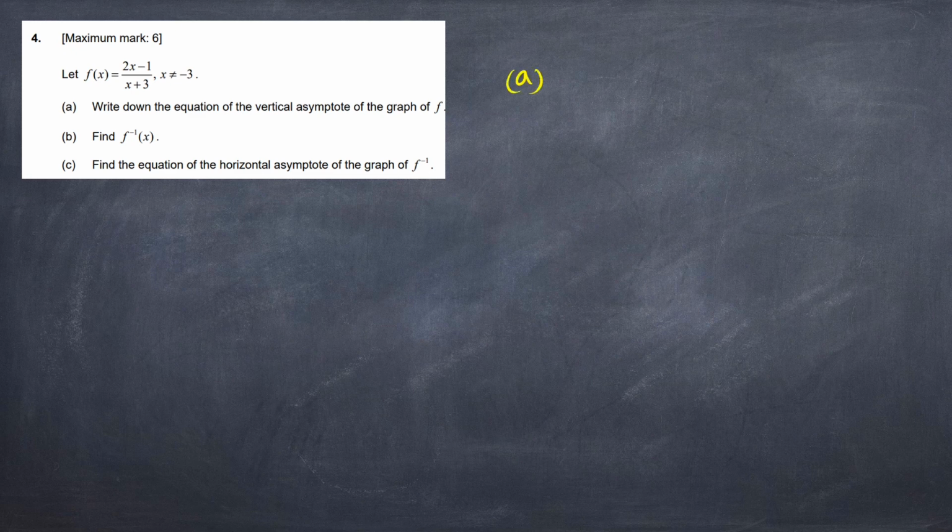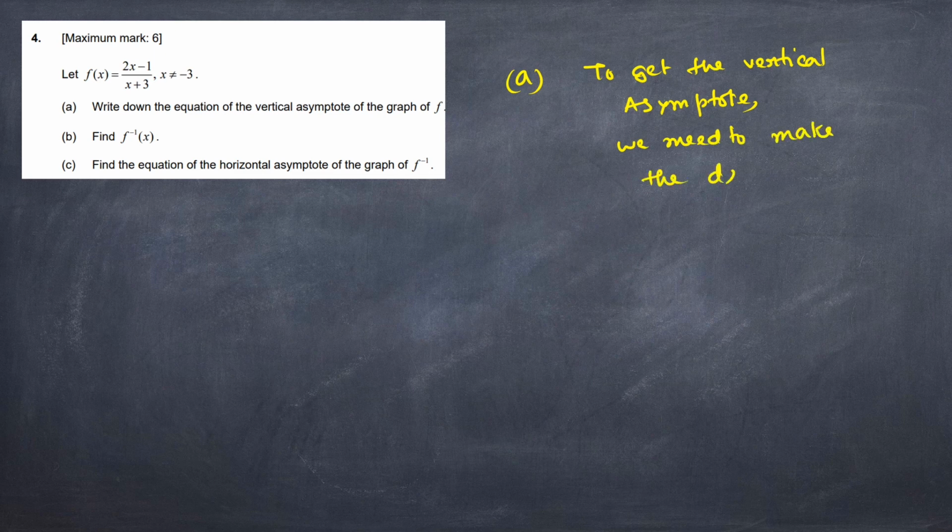For the vertical asymptote, we need to make the denominator equal to 0. Here, as you can see, the denominator is x plus 3. So x plus 3 is equal to 0, and from here we can write x is equal to minus 3.